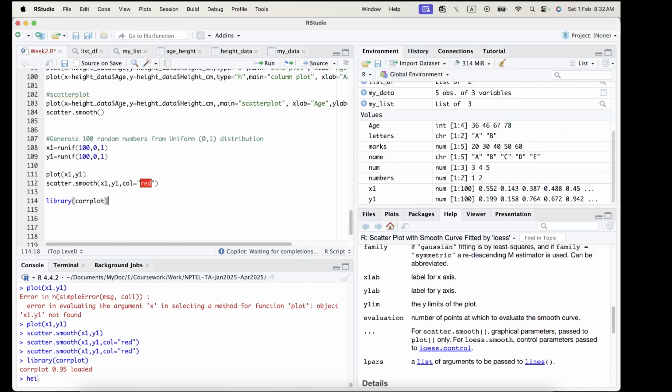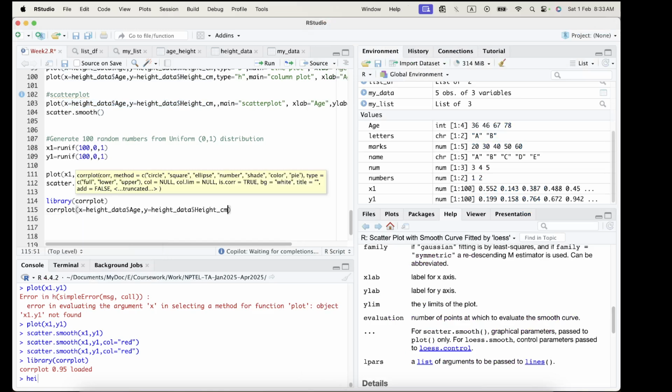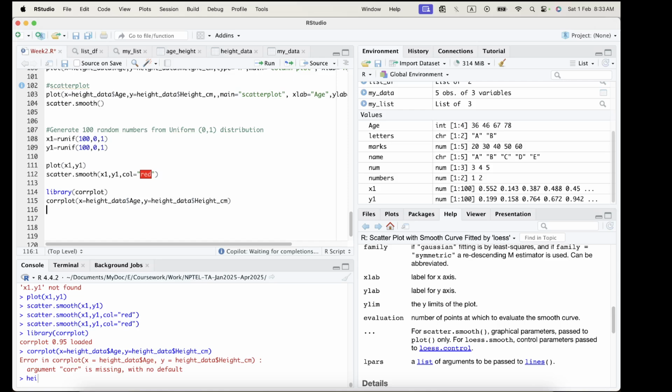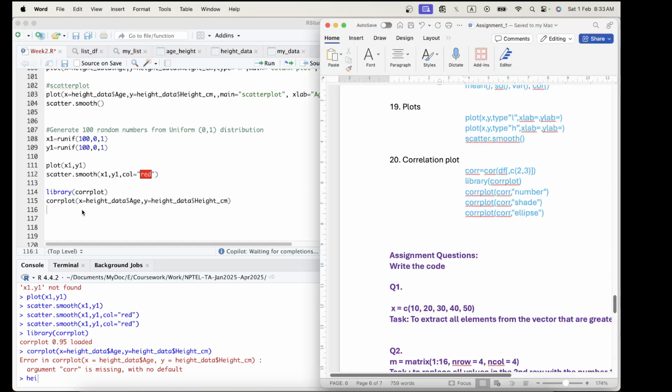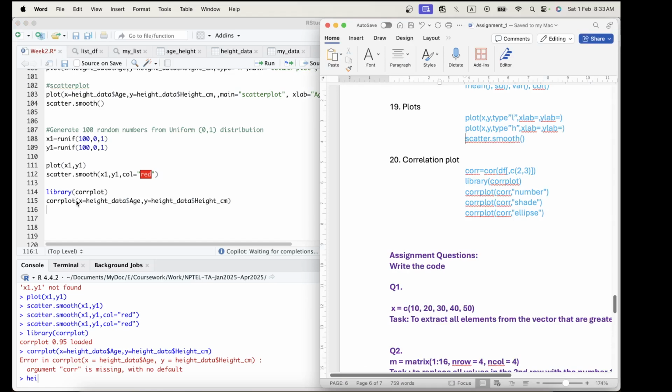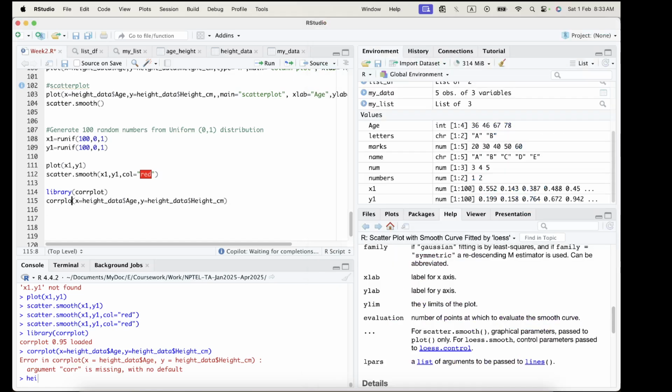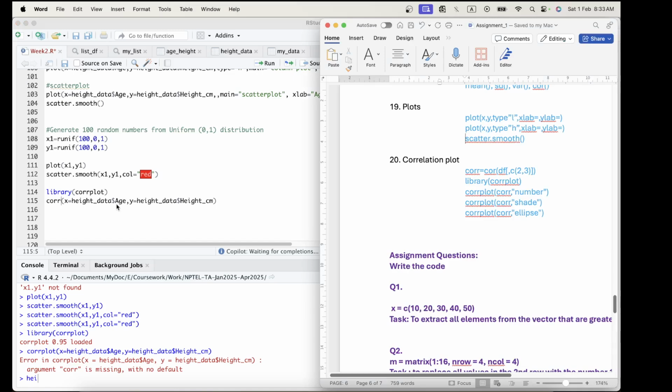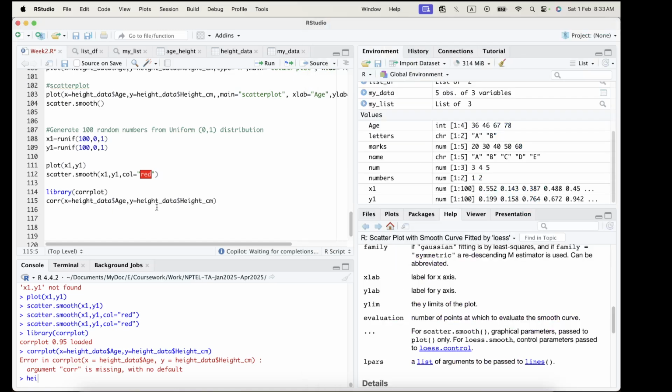Okay, and let's say I want a correlation plot between age and height. So this is something I want. I'm going to give corrplot equal to, okay, so I'm going to give correlation, x equal to this and y equal to this.